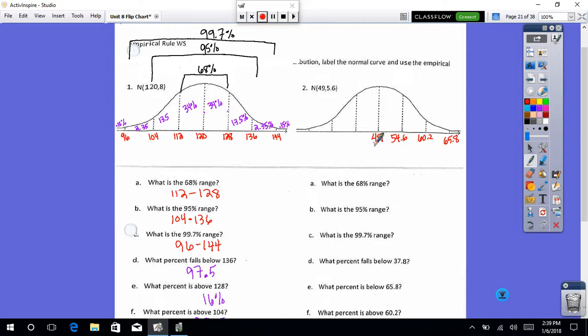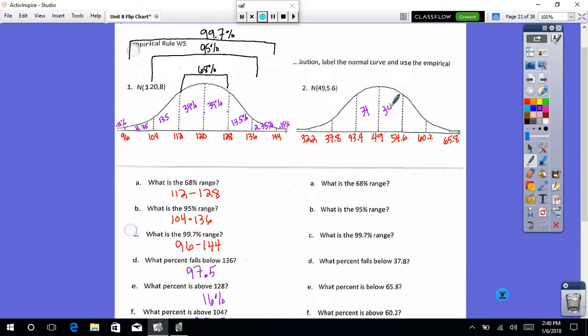And then I'm going to go back to my middle, and I'm going to subtract 5.6 with every step to the left. Remember on the first page, I told you the steps in setting this up. Label your mean, label your standard deviations, and then go back in and label your percentages.